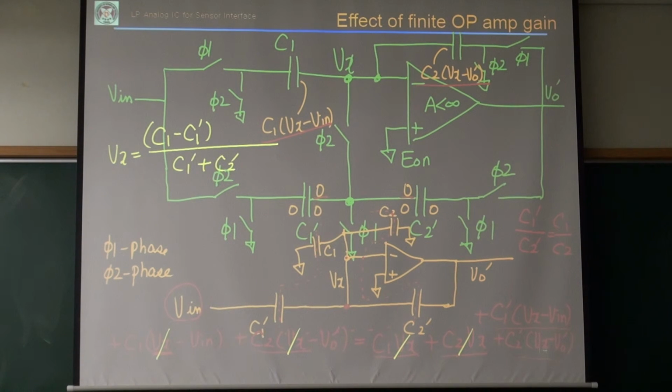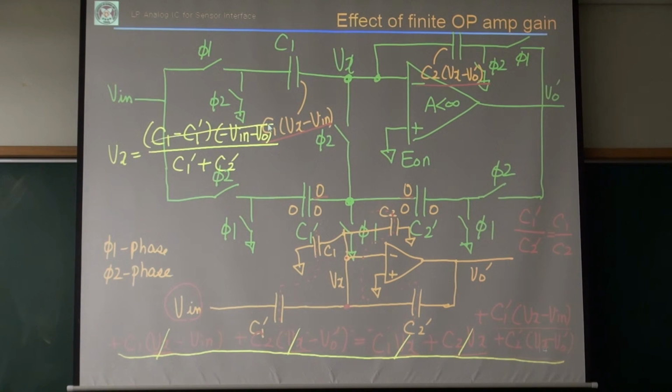Okay. Is this minus? Minus V in, minus Vo. Oh, something is wrong, right? C1, C2. Okay, this is wrong. Let me write it again. This is C2.